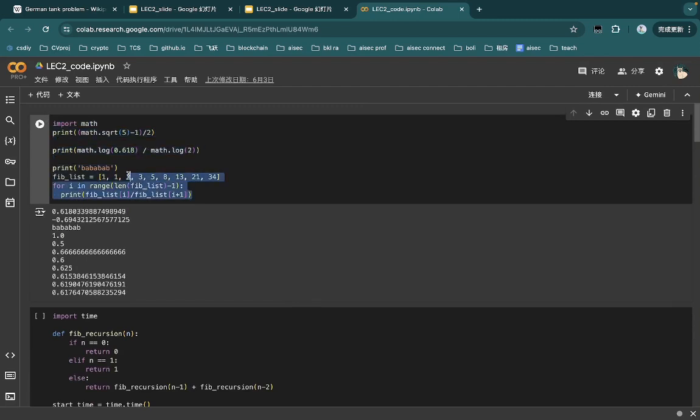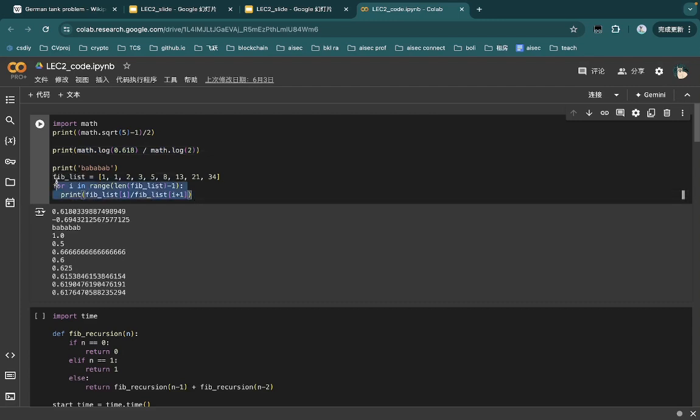What is this? This is 1 divided by the golden ratio. So we calculate log 2 and 0.618 in this way in Python, right? Because math.log has base e, I think, and we use this formula to calculate log base 2 and 0.618.